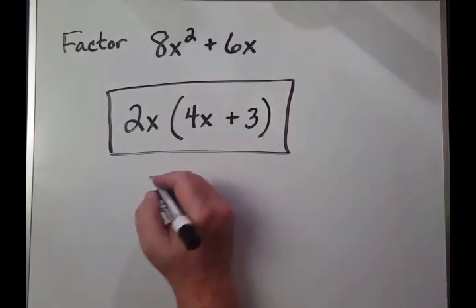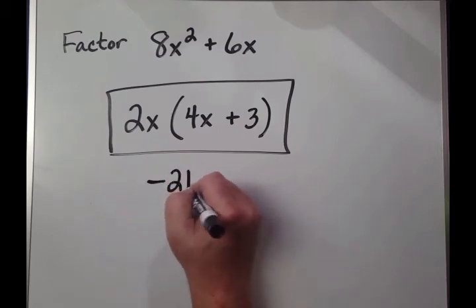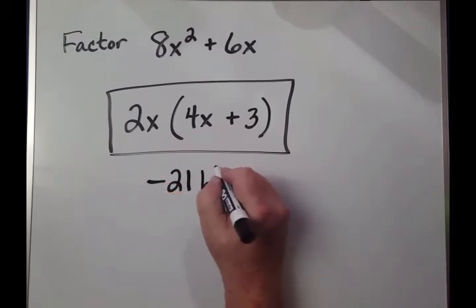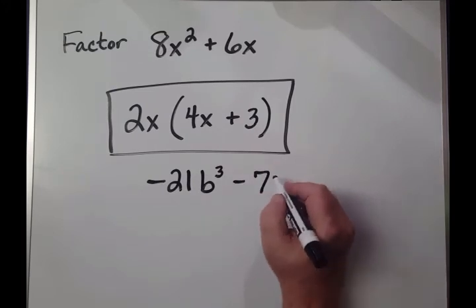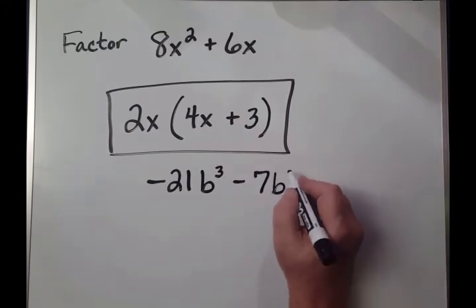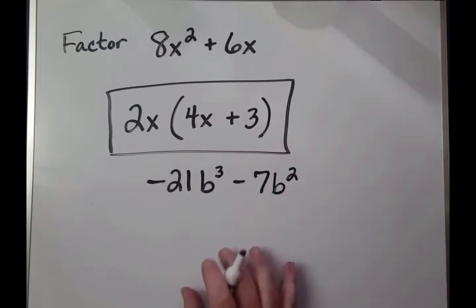Look at number 50. Now, sometimes we use the term greatest common factor a little loosely. In number 50, notice our leading coefficient is negative.